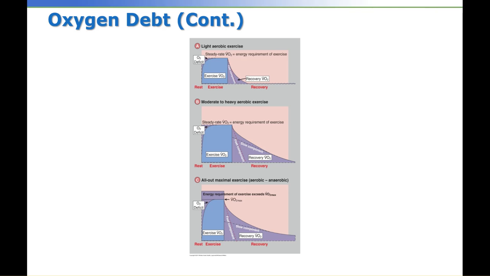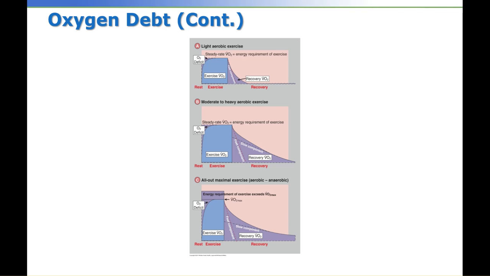With moderate to heavy aerobic exercise, you have the fast component, which takes longer than the light aerobic, but the slow component is taking a lot longer too, so that you're returning to baseline in recovery VO2.